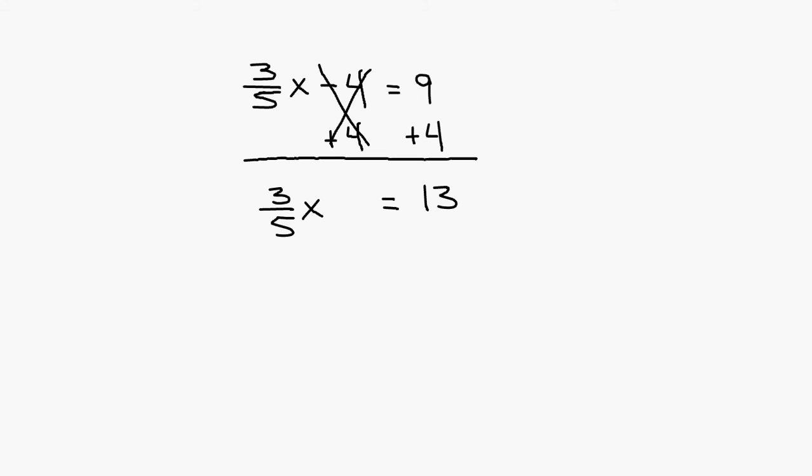The next step is to divide by 3/5. The 3/5 will cancel out.